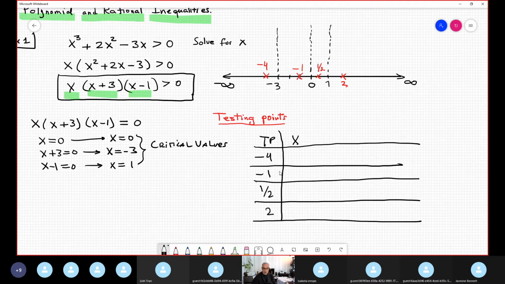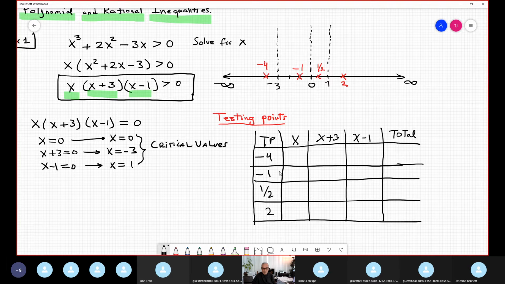So one column, I dedicate one column for the x, another column for x plus 3, another column for the x minus 1, and attach a last column for the total. I call it total because in the column of the total I summarize the sign, the information. Okay, everyone follow me so far? Almost we finish.